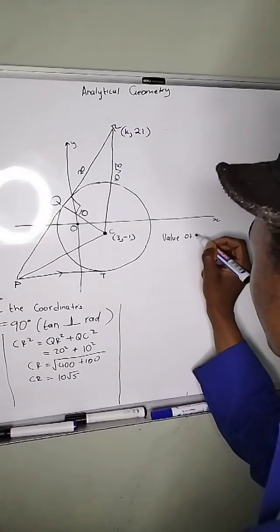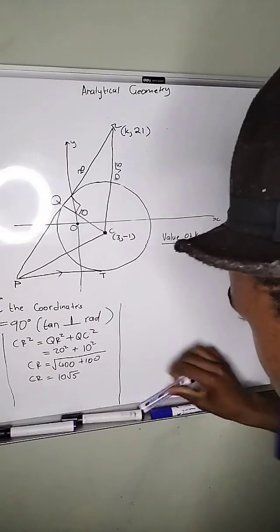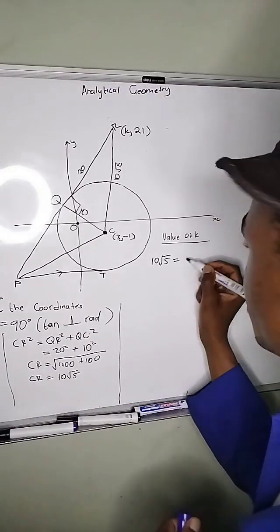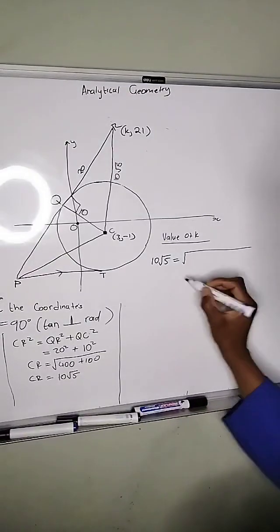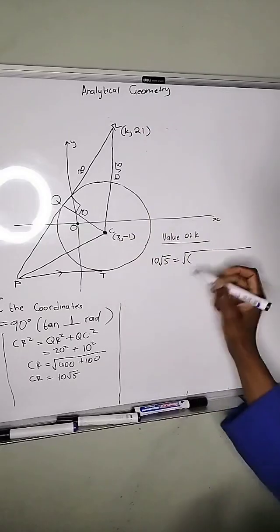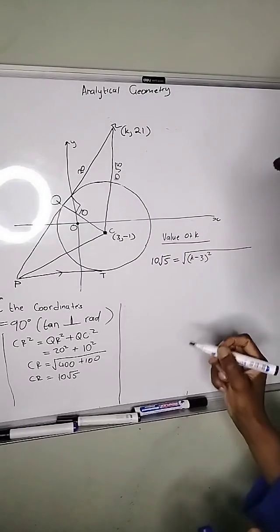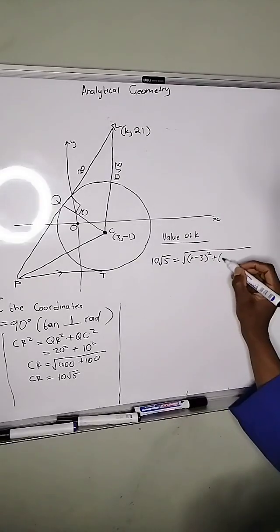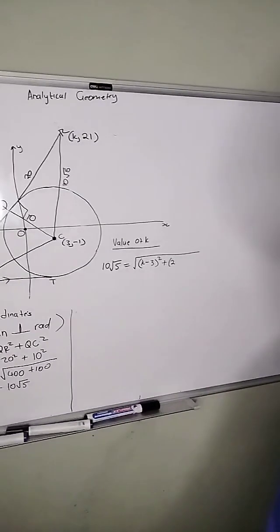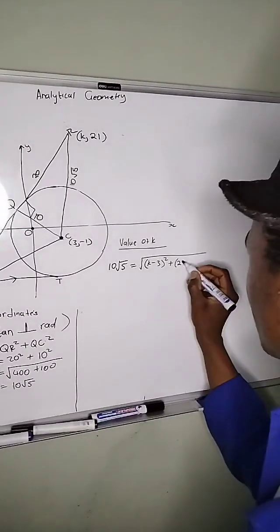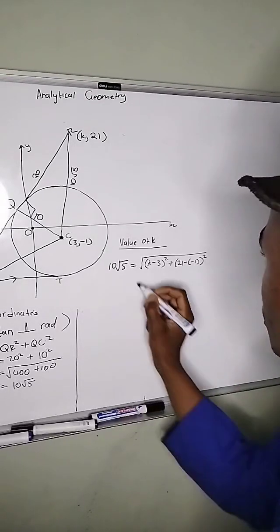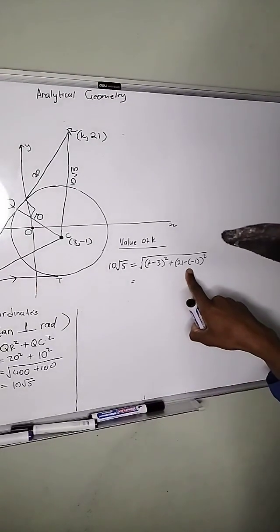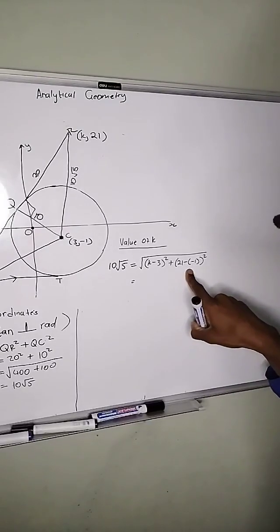So I'm going to have 10 root 5 is equal to the root of (k minus 3) squared plus (21 minus negative 1) squared. So this is going to be what? Can you please give me the answer here?